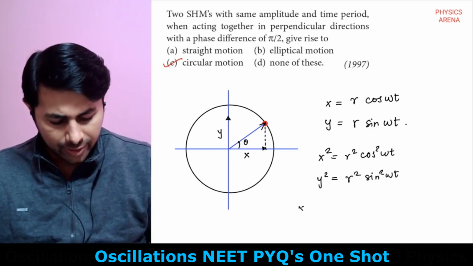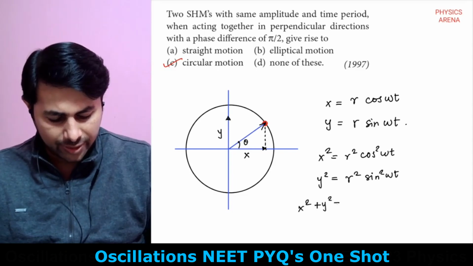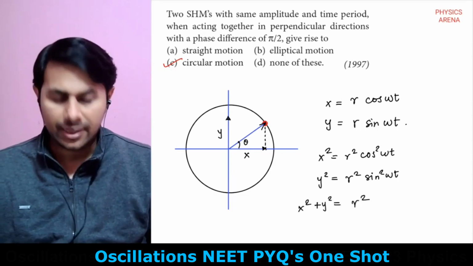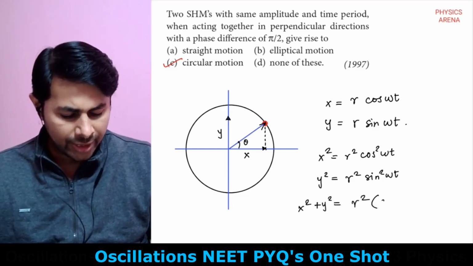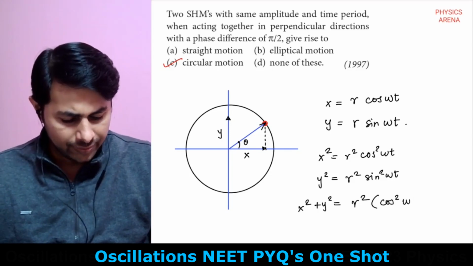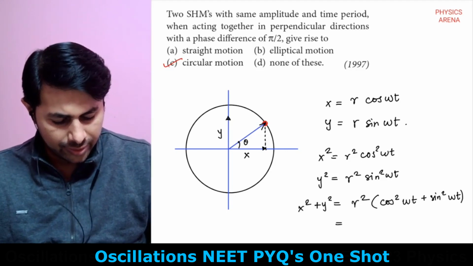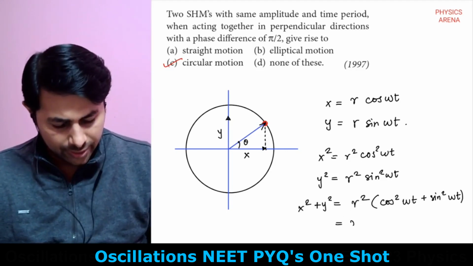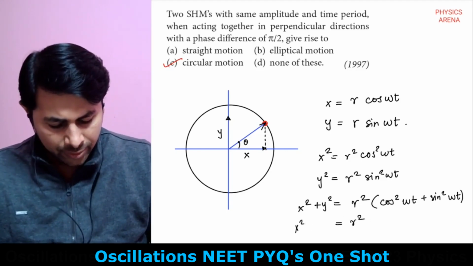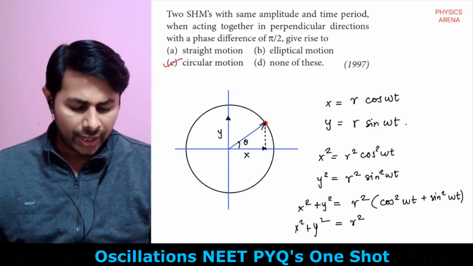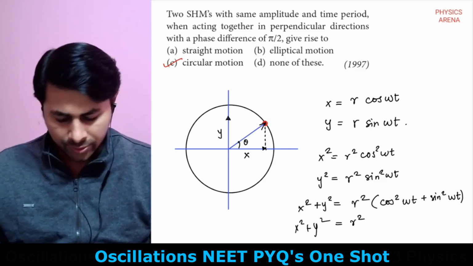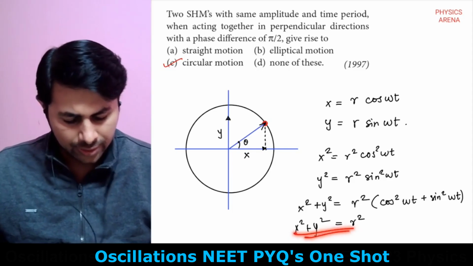If we add them, x square plus y square is equal to r square times cos square omega t plus sine square omega t. That is one. So x square plus y square is equal to r square. So this is a circle.